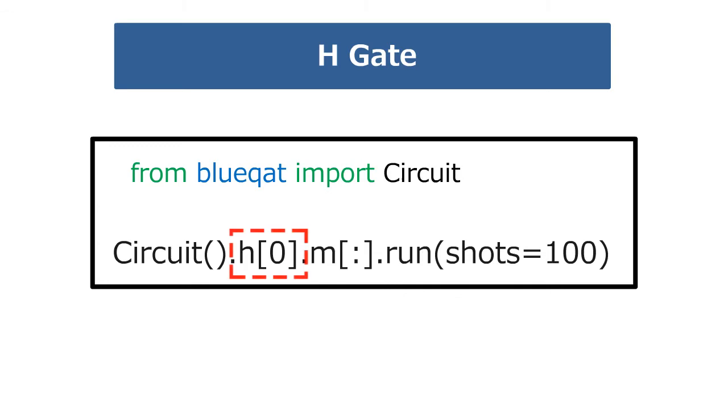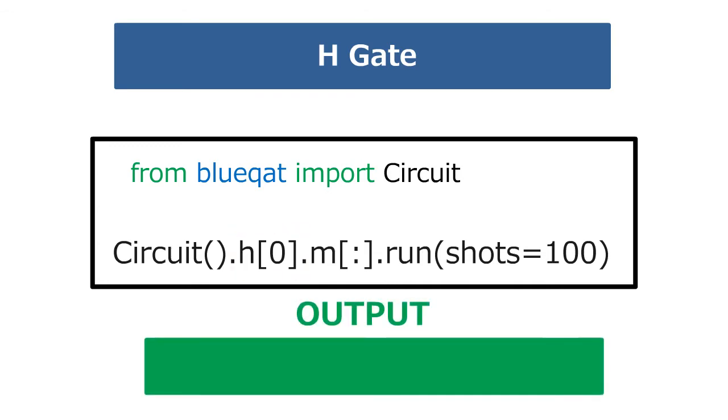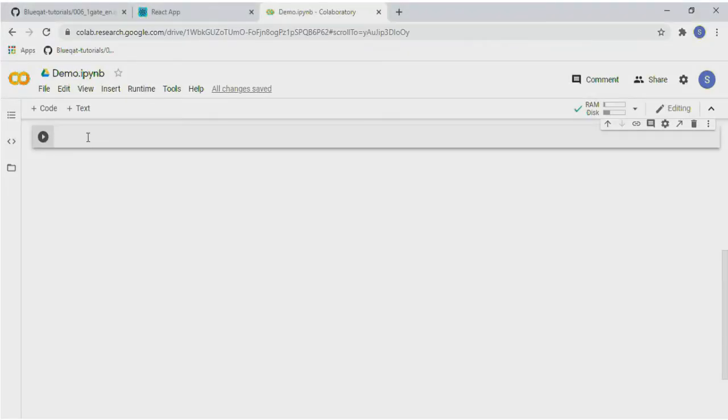Now we will see about HGate, and here we use HGate. If we run this code then we will get output as 1 and 0. Let us try it in Google Colab. Type the code that was shown earlier.